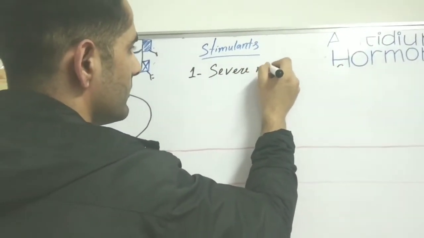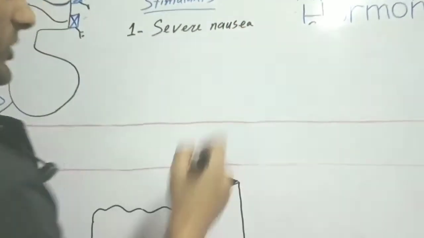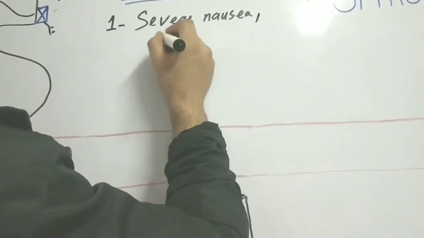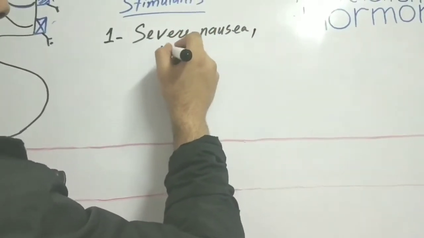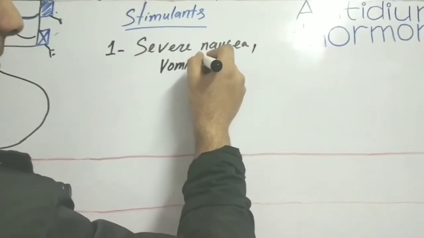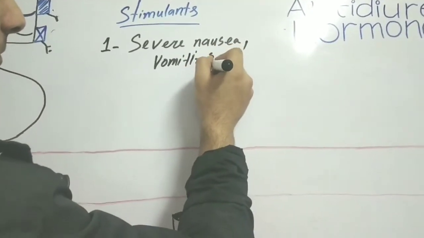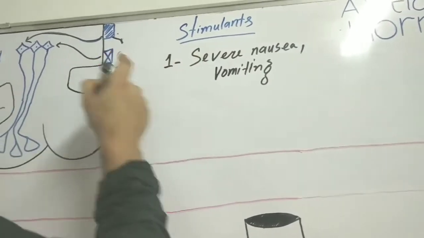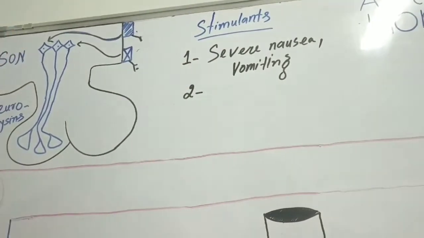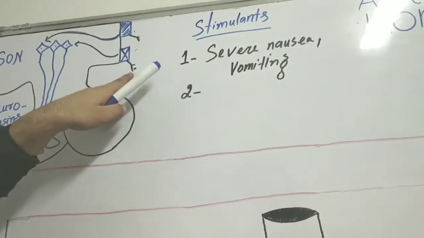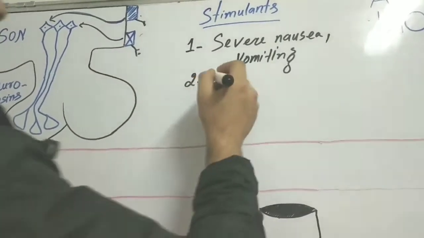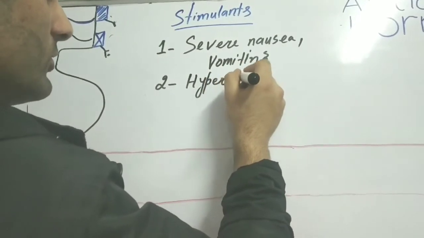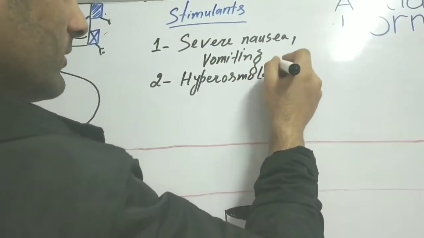Nausea means sensation of vomiting, when you are feeling like vomiting. Severe nausea or severe vomiting is the first factor. The second factor for the stimulation of the osmoreceptors is hyperosmolality.